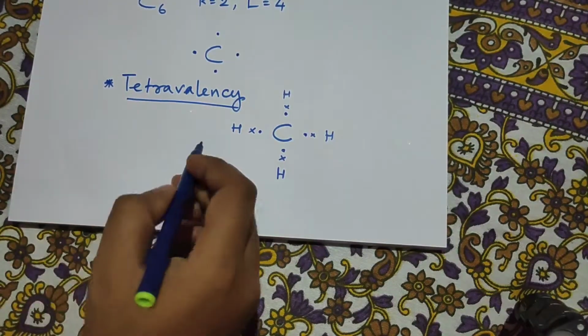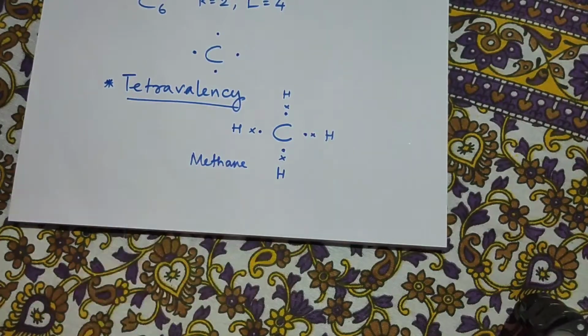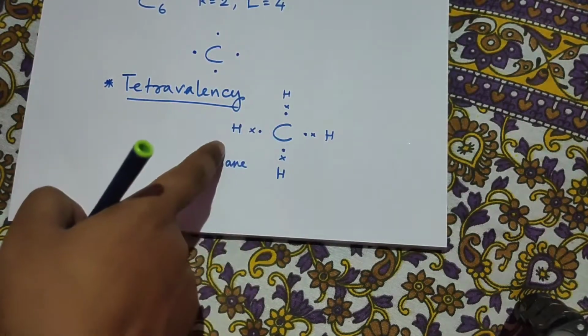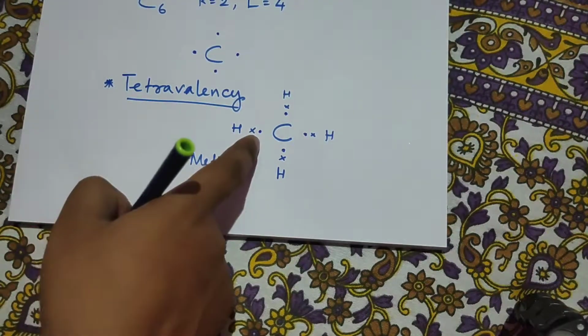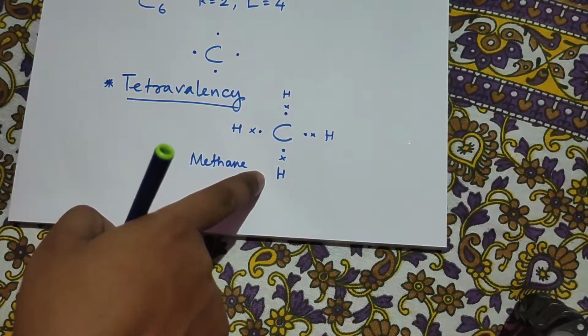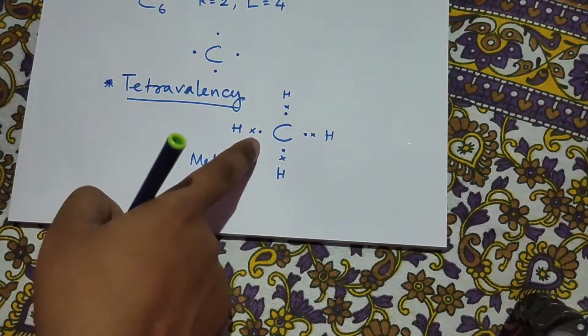here you can see the structure of methane, in which 4 different hydrogen atoms have bonded with carbon with the 4 valence electrons individually. So each hydrogen atom is sharing its only 1 electron. As you know, hydrogen has valency 1.